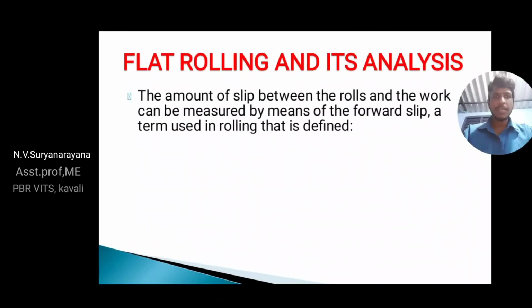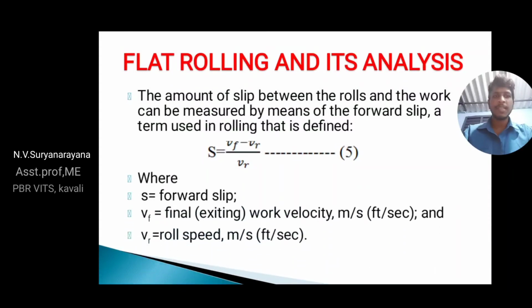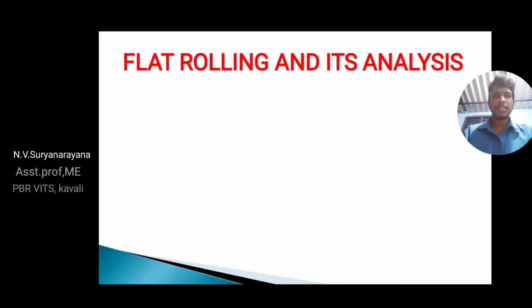The amount of slip between the rolls and the work can be measured by means of forward slip, indicated by capital S, that equals Vf minus Vr by Vr. Vf is the final velocity, Vr is the rolling velocity, and velocity is in meters per second.